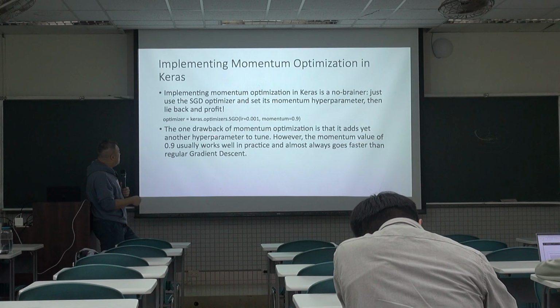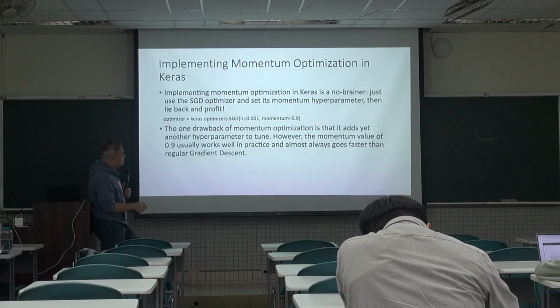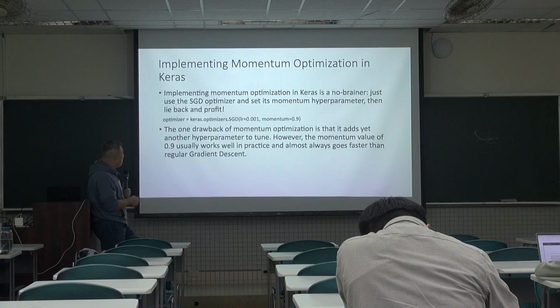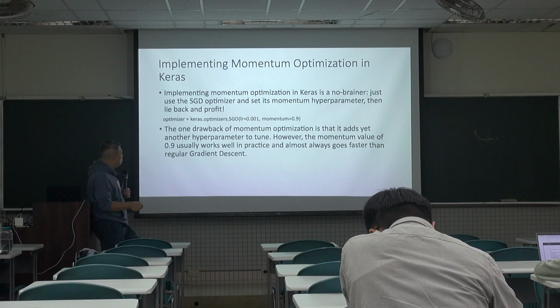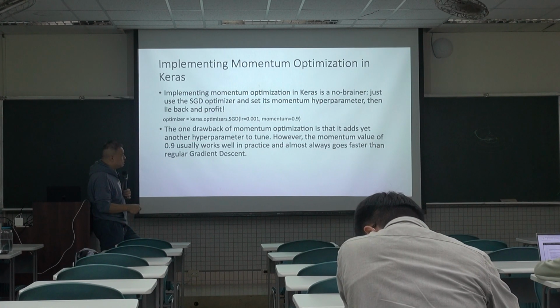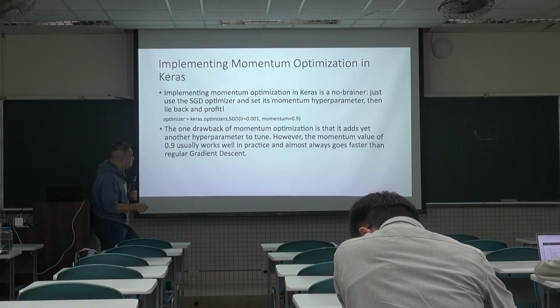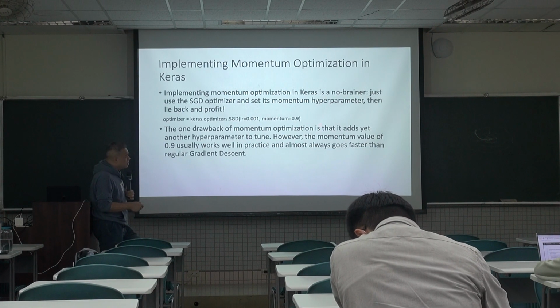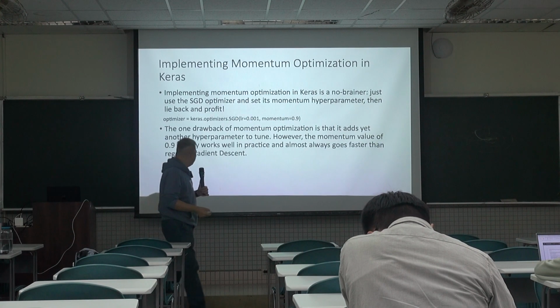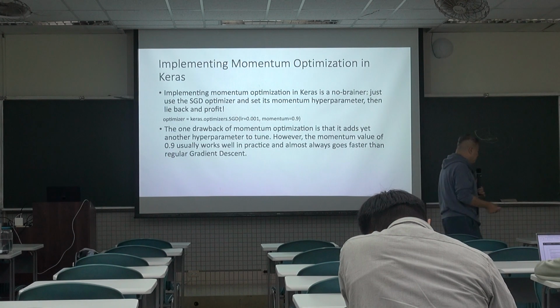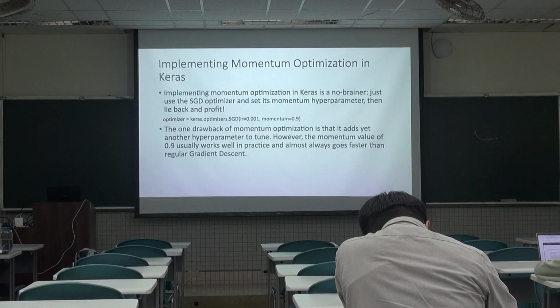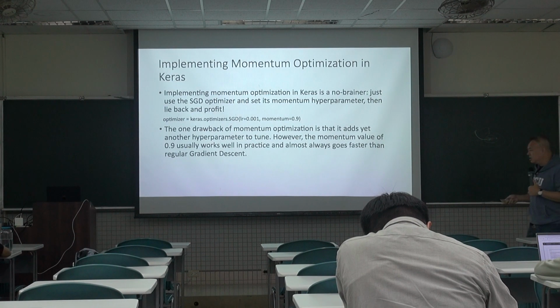The problem with momentum optimization is that you have one more hyperparameter to tune. But keep in mind that most of the time you do not need to change this value. In practice it almost always goes faster than regular gradient descent. You just use 0.9 for this momentum hyperparameter, and you should be good to go.